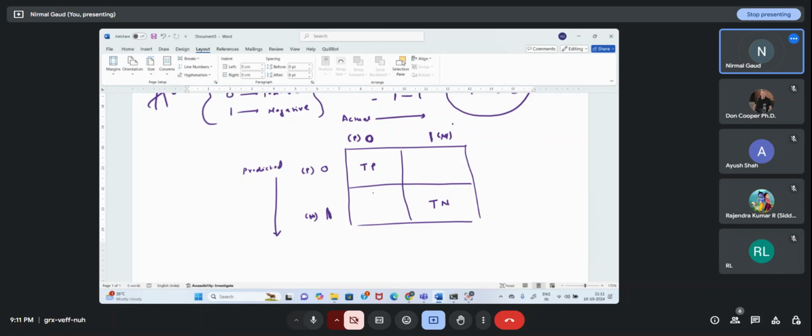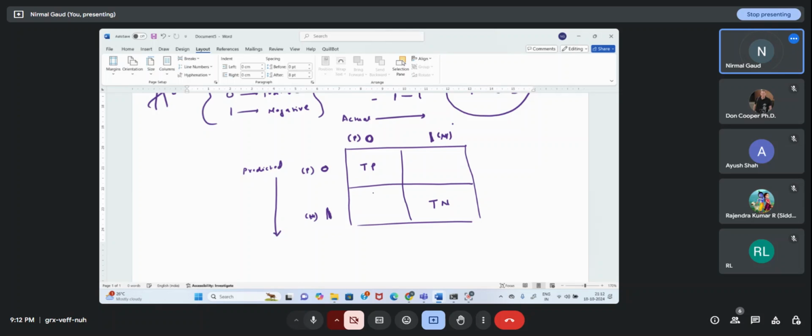Negative is just 1, and true means the model prediction and the actual value are the same. So it is true negative. Now, if actual is 1, model predicted it as 0.